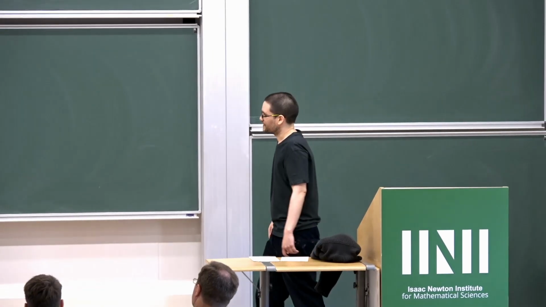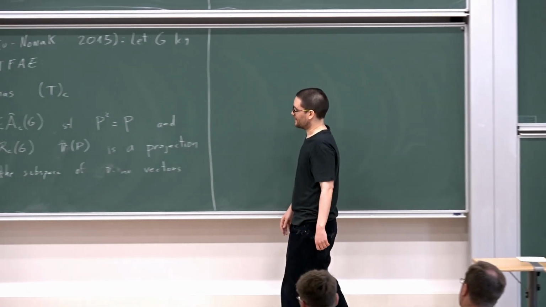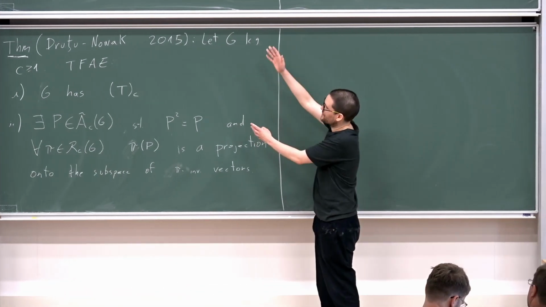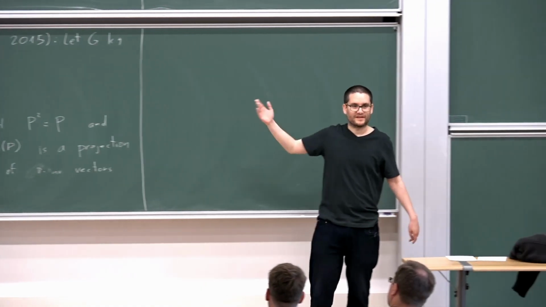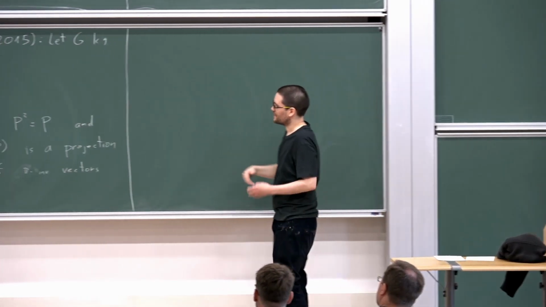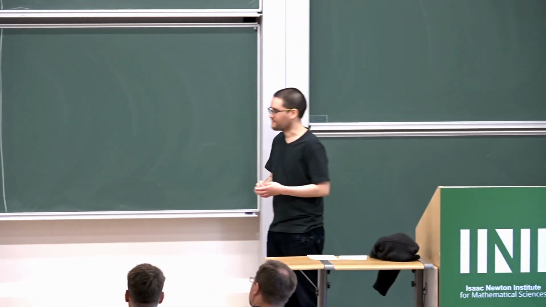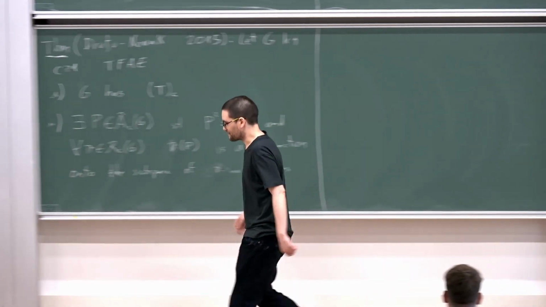And so in particular, these representations are in that class, so strong property T is stronger than any of these properties here. So that's the remark that I wanted to make.